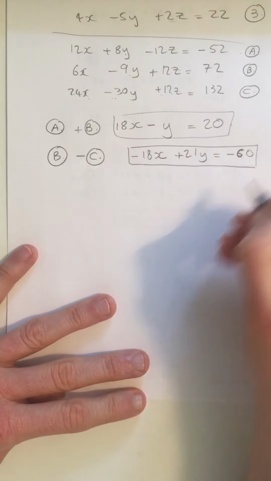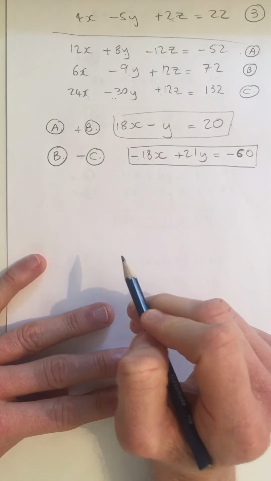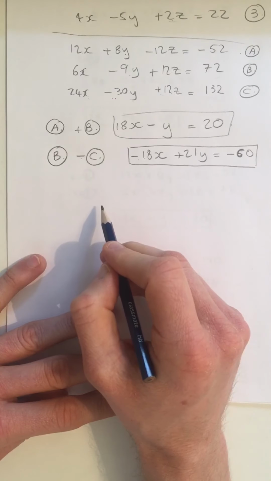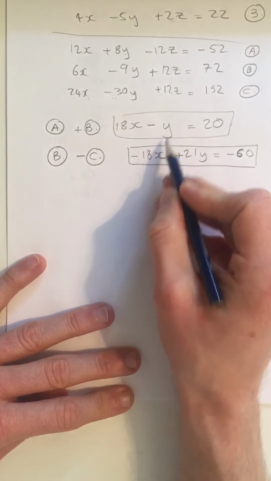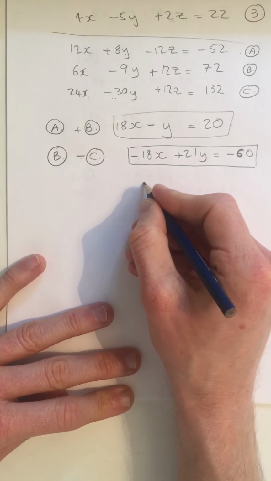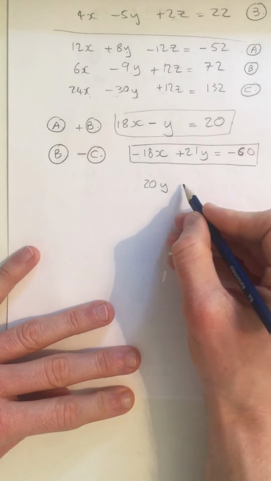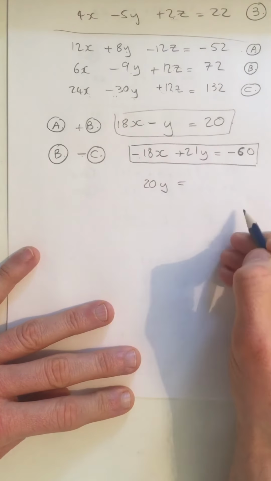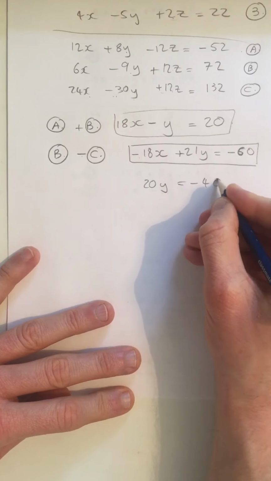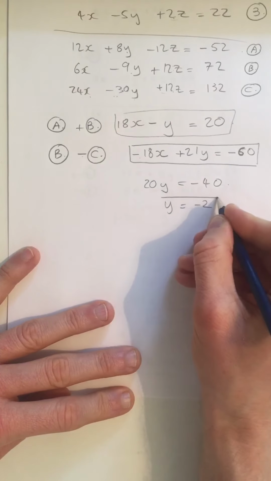I can just add these two equations together. So 18x add minus 18x is 0, minus y plus 21y, so that's 20y, and then I've got 20 plus minus 60, so that's minus 40. So y is minus 2.